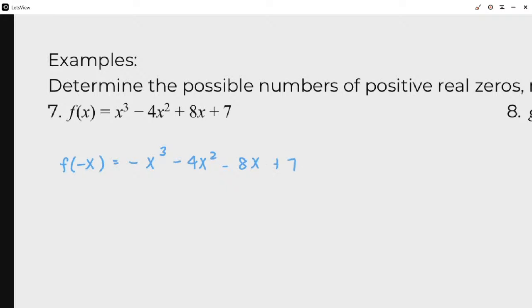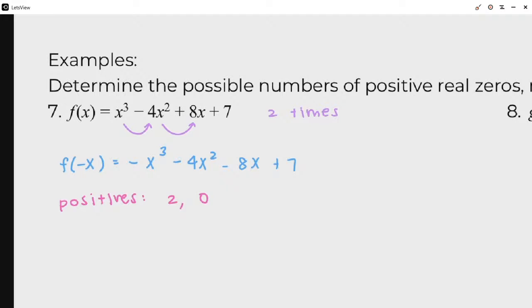Okay, so next we want to look at the number of times that it changes signs. So in the first one, it changes from positive to negative, and then from negative to positive, so that's 2 times. So that means for the positive zeros, we have 2 or 0.